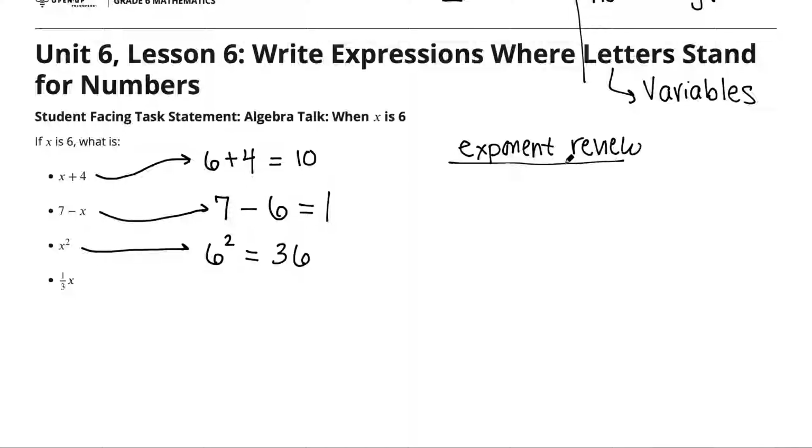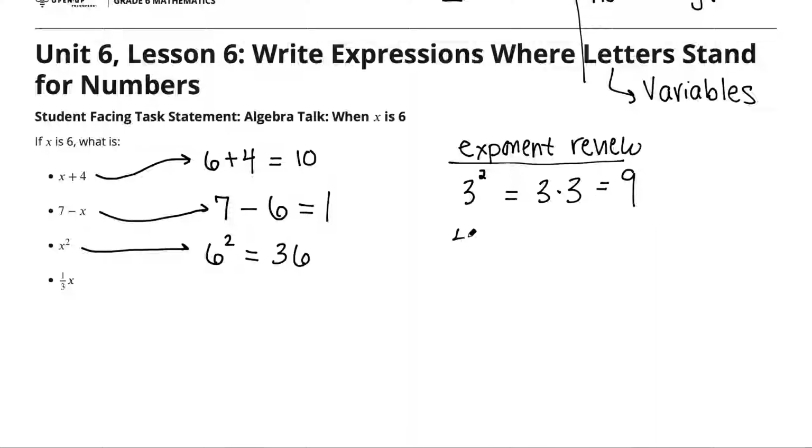Okay? If I have something to the power of 2, let's say I do 3 to the power of 2, that means I write 3 2 times. 3, and there's multiplication in between, times 3, which in this case gives me 9.